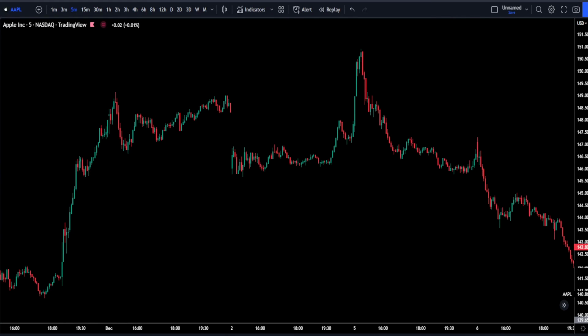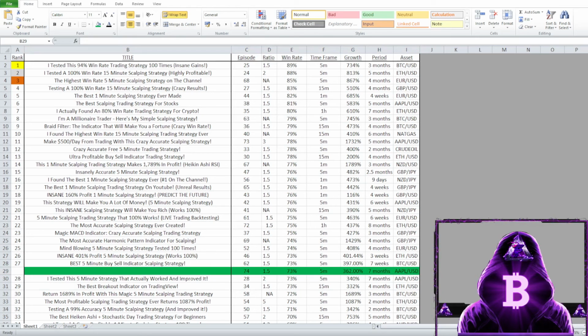Alright, the backtesting is now complete, and here are the results. Okay, so after 100 trades, the results are incredible.